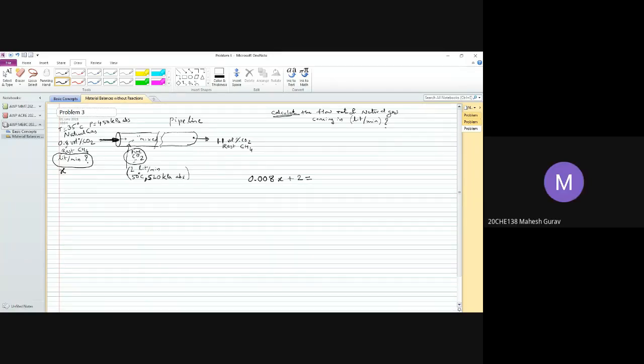Upon 2 plus 0.008x plus 99.2x methane. I have calculated the final percentage. Okay, so you have said that this is x. So what goes out is x plus 2, isn't it? And that x plus 2 is 1.1 volume percent. Now if I do a carbon dioxide balance, what carbon dioxide goes out is 0.008x plus 2.